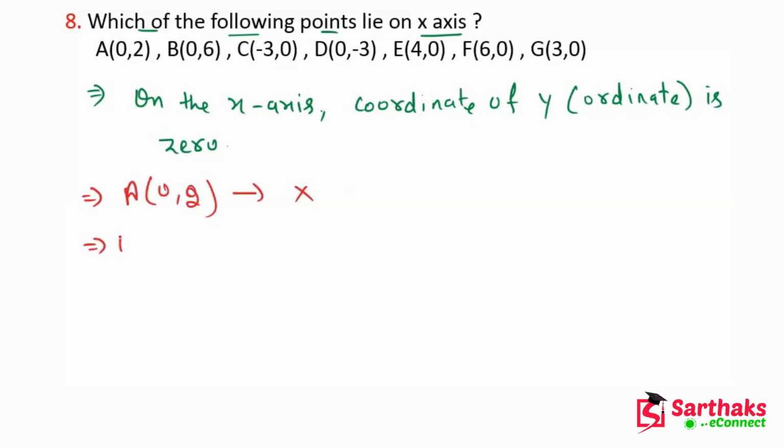Now point B is 0 comma 6. This point does not lie on the x-axis because its x coordinate is 0. Now let's talk about point C. This point is -3 comma 0.